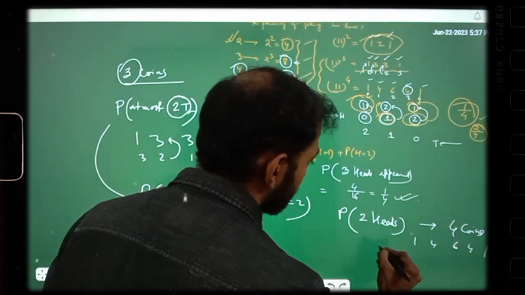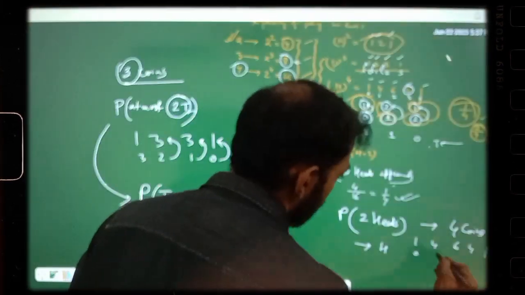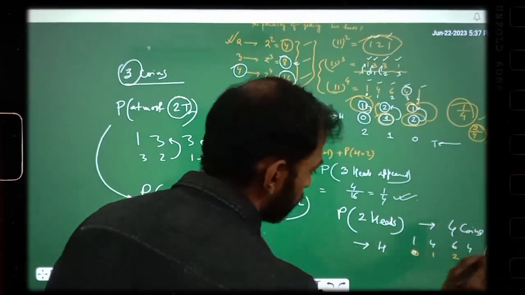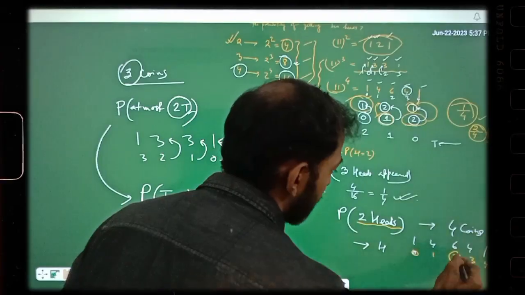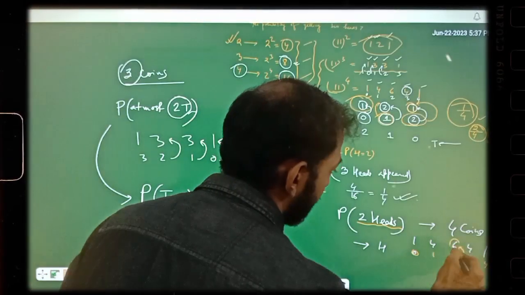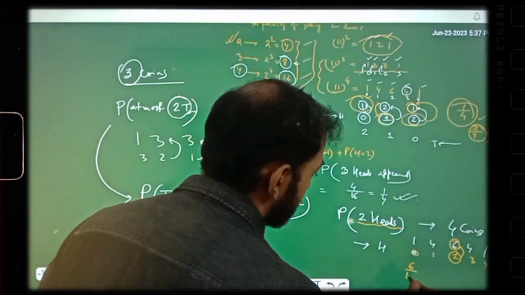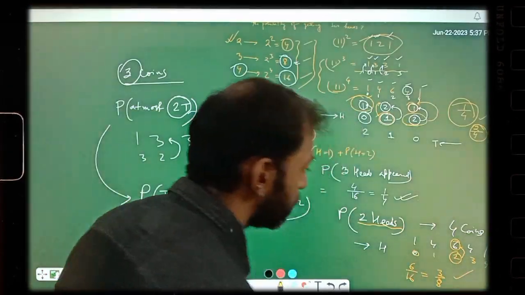This is our counting, for 0, 1, 2, 3 and 4 heads. Now, we need to calculate only 2 heads. When 2 heads appear, the number of favorable cases will be 6. So the required probability will be 6 by 16, and that will be 3 by 8. That's it, done. Problem solved.